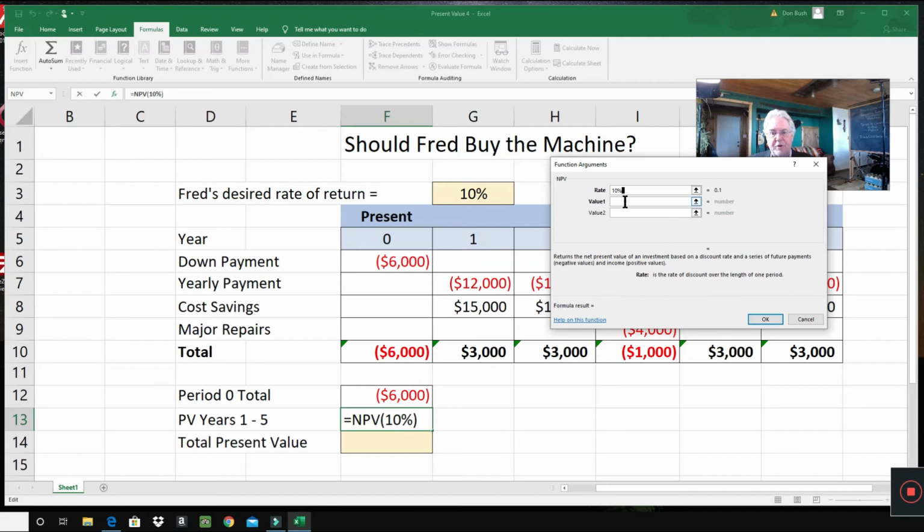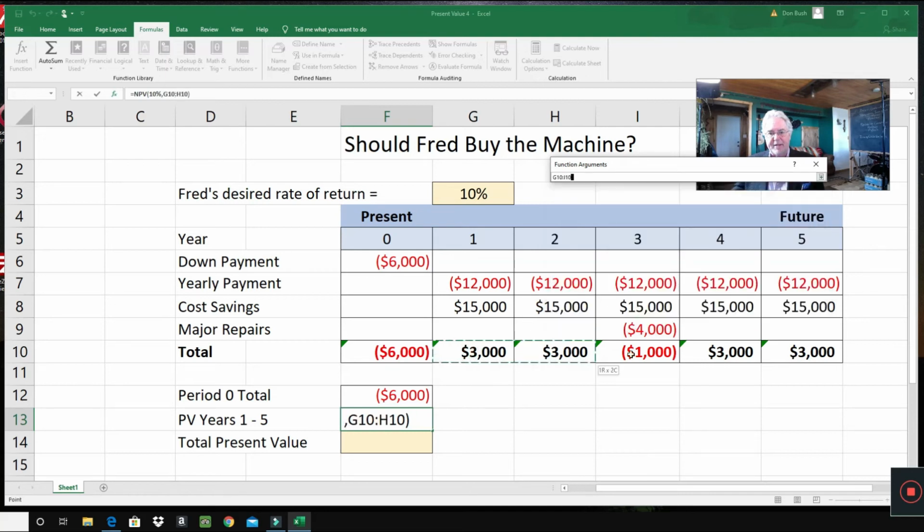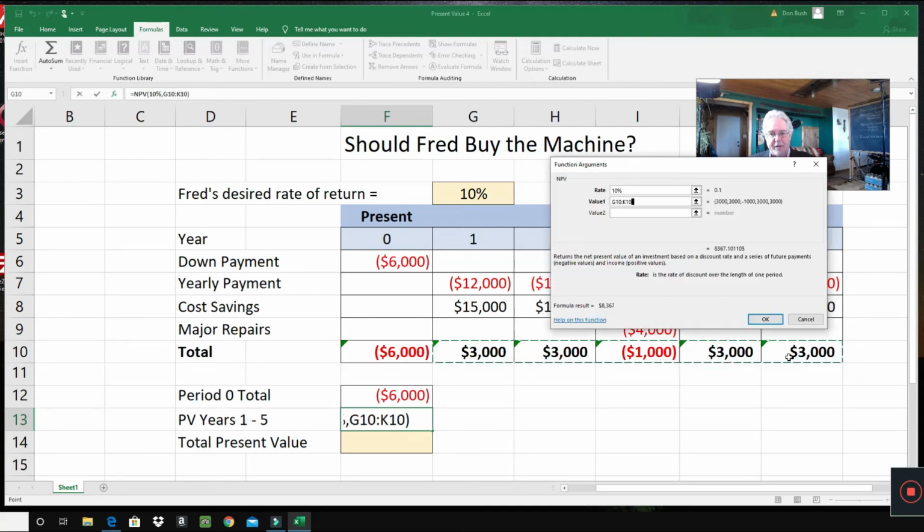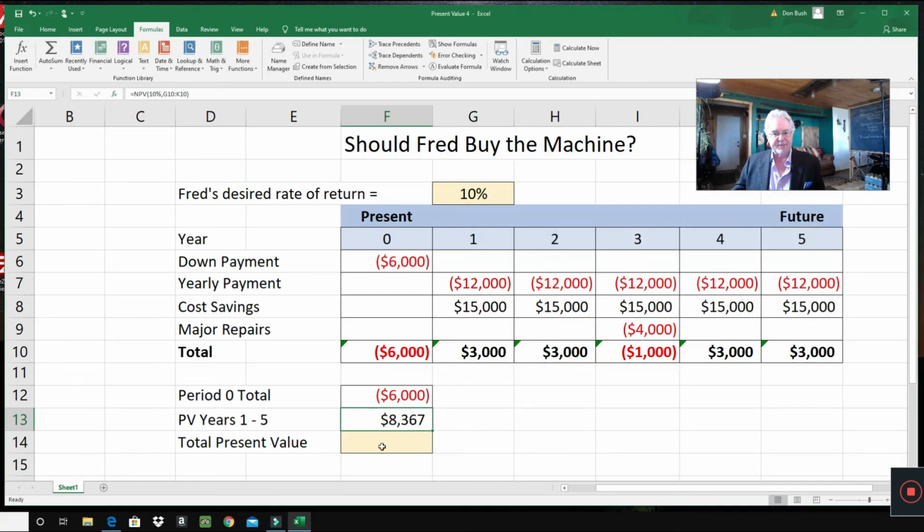That would work also. And for value 1, rather than typing in each of these values, all we do is highlight the values that we want. And you have to be careful. Do not include time 0, but only include periods 1 through 5. All right, and then hit OK. And it comes to 8,367, which is the present value of years 1 through 5.